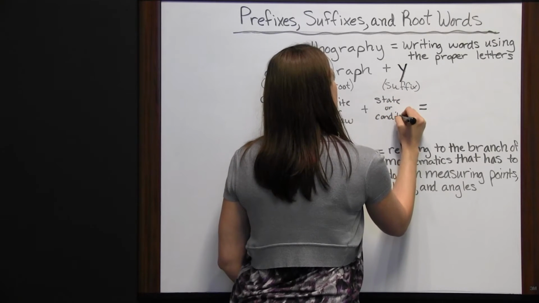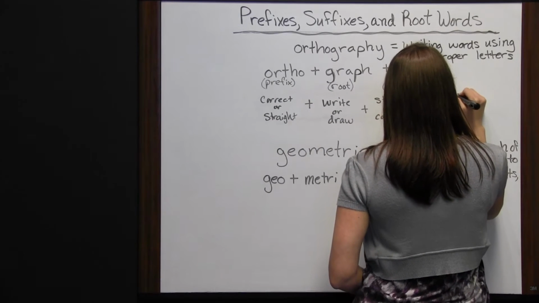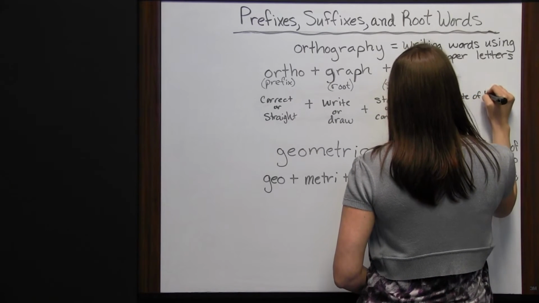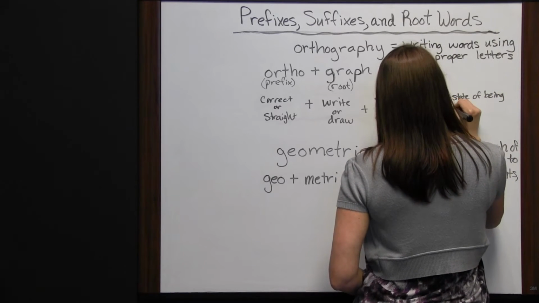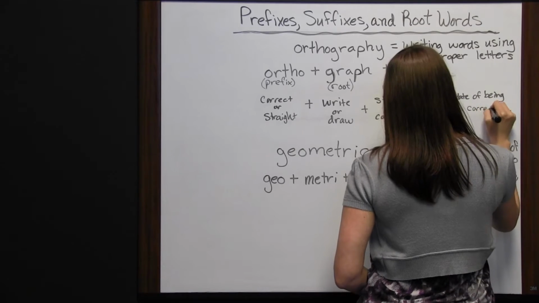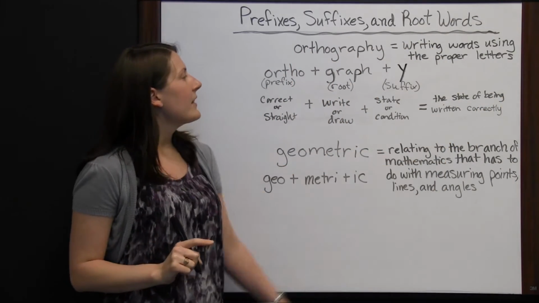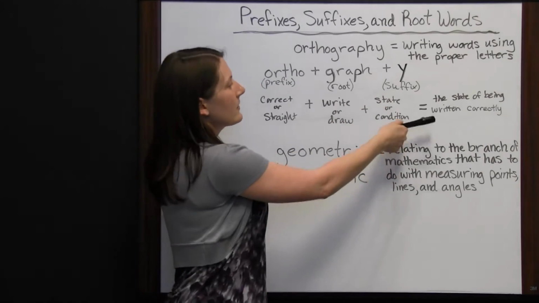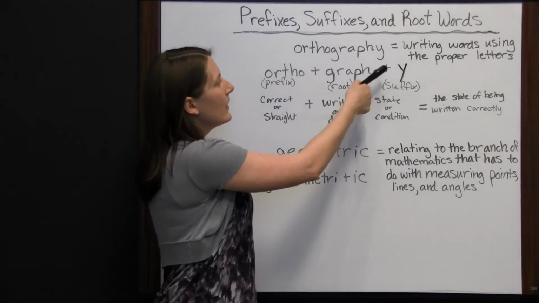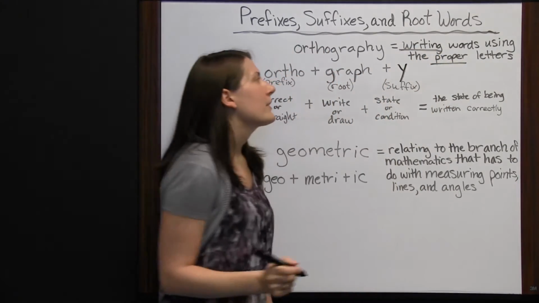So if we put all those together, we can get the state of being written correctly. And when we compare the definition we came up with to our actual definition, you can see they're pretty close. The state of being written correctly, writing words using the proper letters.